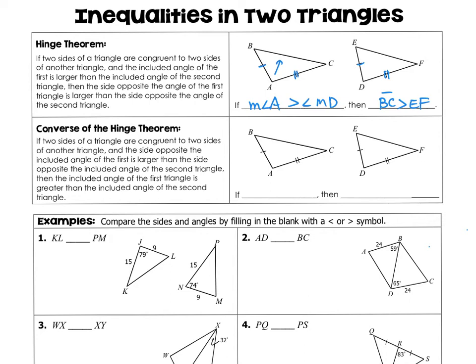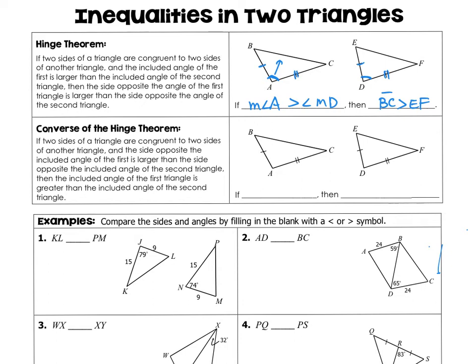So again, if in a triangle I have two sides congruent with their corresponding sides, and the included angles, A and D, if one is greater than the other, then the opposite side of the greater angle is longer than the opposite side of the smaller angle.